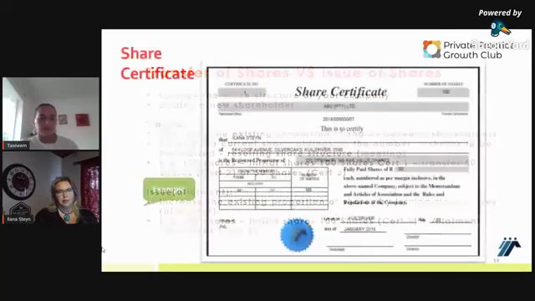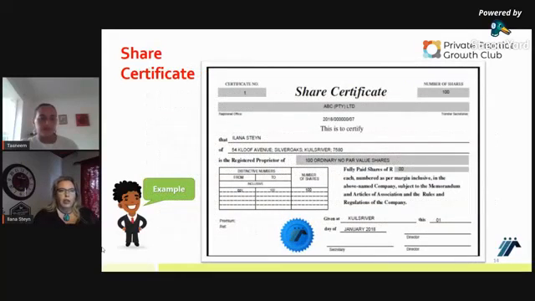Great. So this is basically what a share certificate looks like. I will also send the slides through to you guys if you want. Basically, it will indicate the share certificate number on the left top corner. Here you can see it's share certificate number 1.